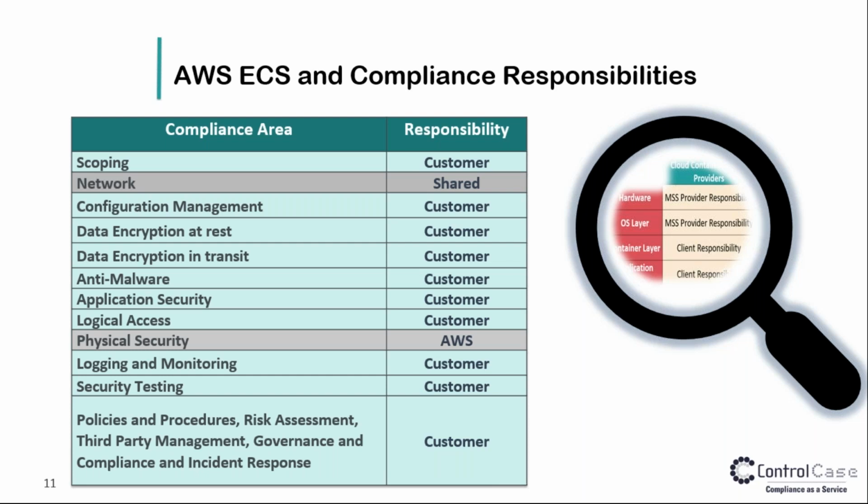Here we are showing various compliance areas, right from scoping up to the documentation of policies, etc., and what's the responsibility for the customer, or where it is shared, and where the cloud service provider can take some of the responsibilities. As you can see on the slide, most of the responsibility lies with the customer.